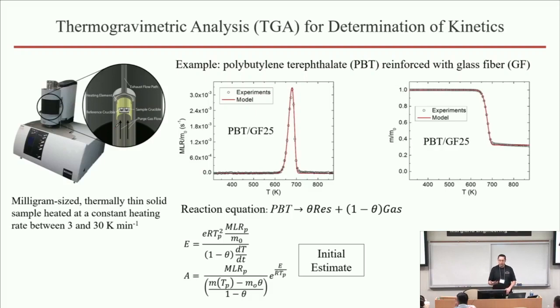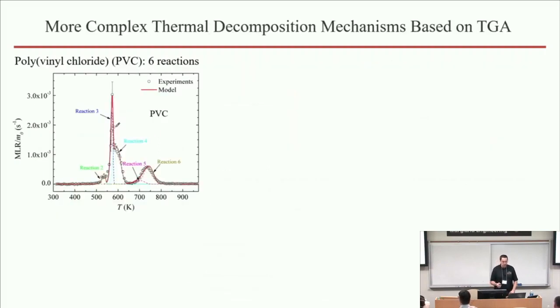I must point out that the traces do not always look this simple. Here is an example of polyvinyl chloride, which looks more complex, and here we use 6 consecutive reactions to fully capture that trend. So sometimes we do that, and more recently, we started looking at using this type of approach to look at actual interactions between the gas phase species inside the solid.